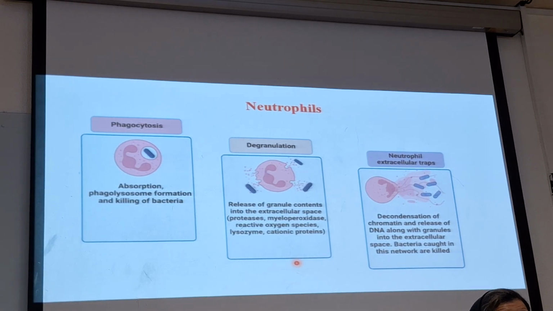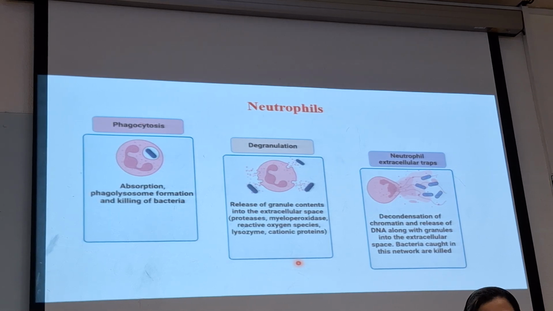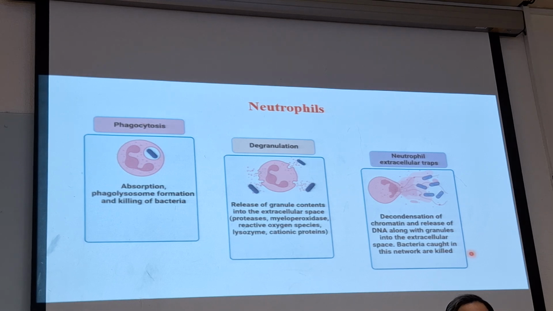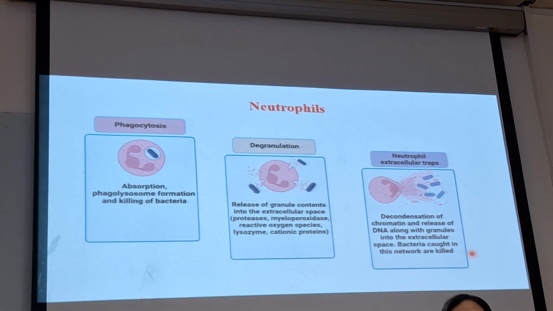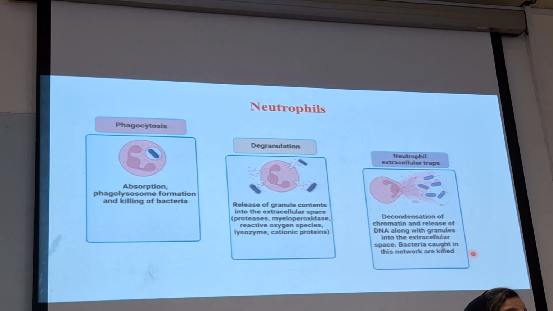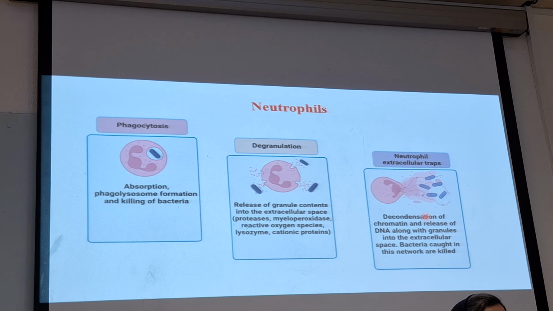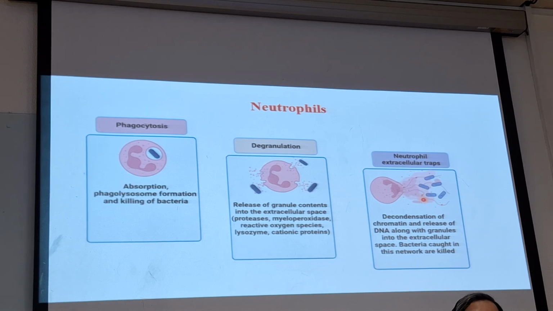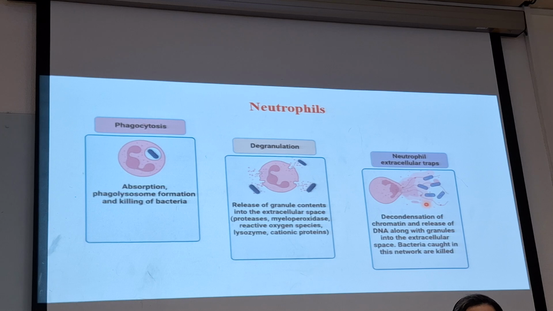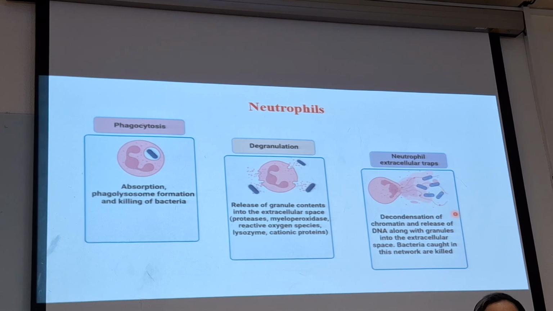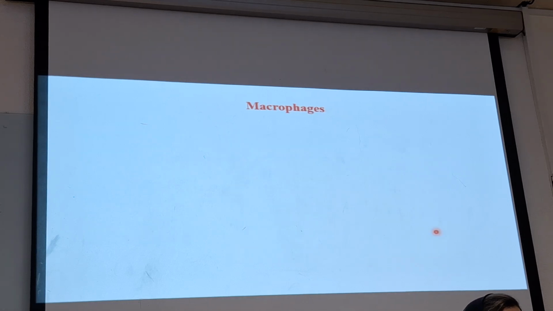They sacrifice themselves for you, to protect you against different pathogens. In this action, they release all of their components, like their DNA and their histones, into extracellular traps. So they form a network in the extracellular space, and in this network the pathogens that have entered our body are trapped and killed. So NET means neutrophil extracellular traps.